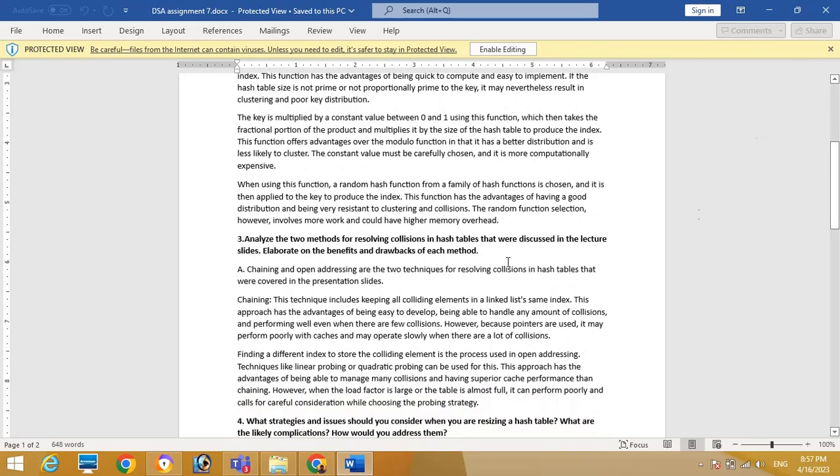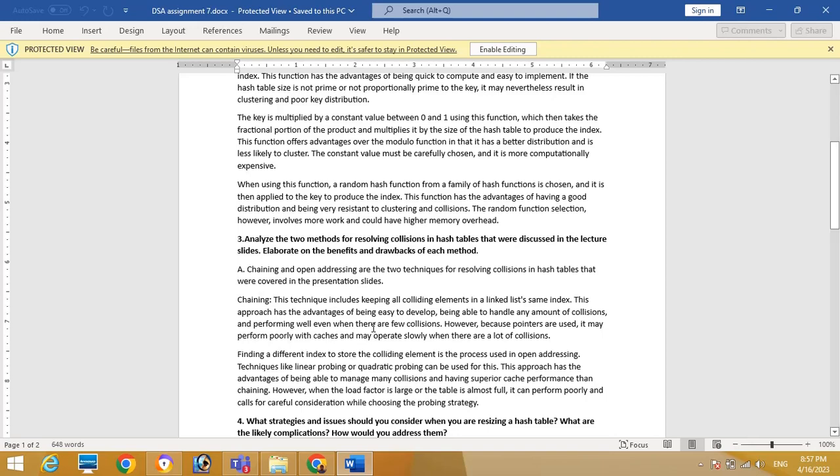And we came to the third question. You said to analyze the two methods for resolving collisions in hash tables that were discussed in the lecture slides. Chaining and open addressing are the two techniques for resolving collisions in hash tables that were covered in the previous class. Chaining includes keeping all colliding elements in a linked list at the same index.